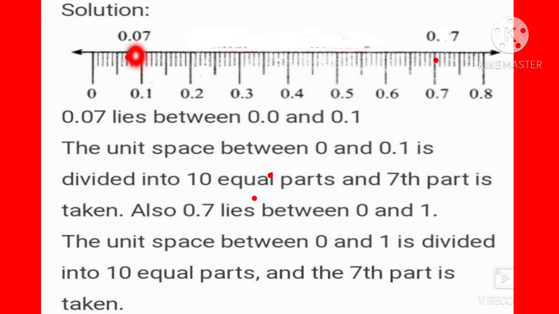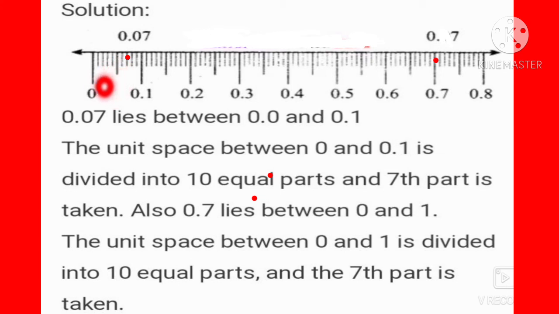And 0.07. So here it is the 100th place. So 7 is in the 100th place in a decimal number, so it lies between 0 and 0.1. So when we divide 10 equal parts between 0 and 0.1, the next numbers from 0 on the number line start from 0.01, 0.02, 0.03, 0.04 and 0.05.